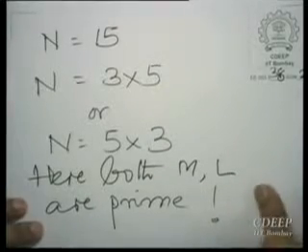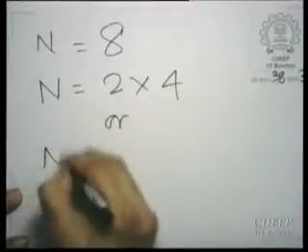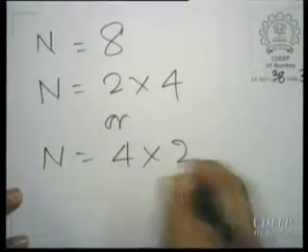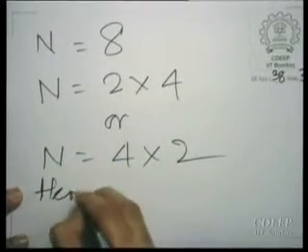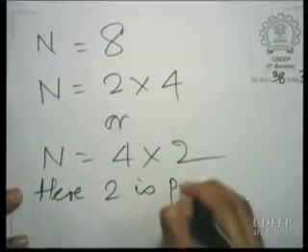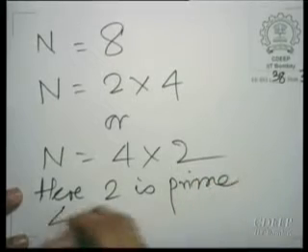On the other hand, you could have N equal to 8, in which case N can be decomposed as 2 into 4 or as 4 into 2. Here 2 is prime, 4 is composite.